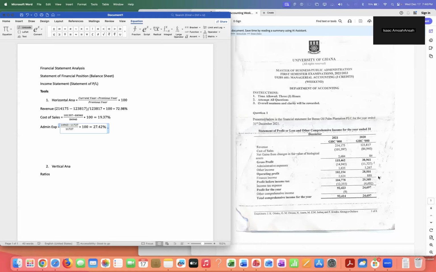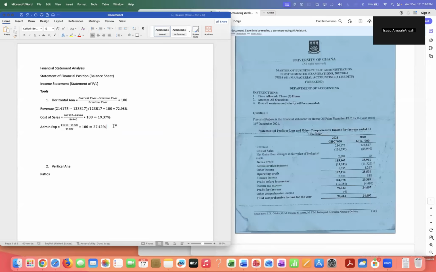So Cletus, all we've done is pick up 14,943. It's big money. There are 3 zeros here, so I think about 14 million. I'm sorry, I messed up. Who was also in Cletus' situation, getting different figures? We need to help you out so that we can all be on the same path. All right. Okay, I think we are good.